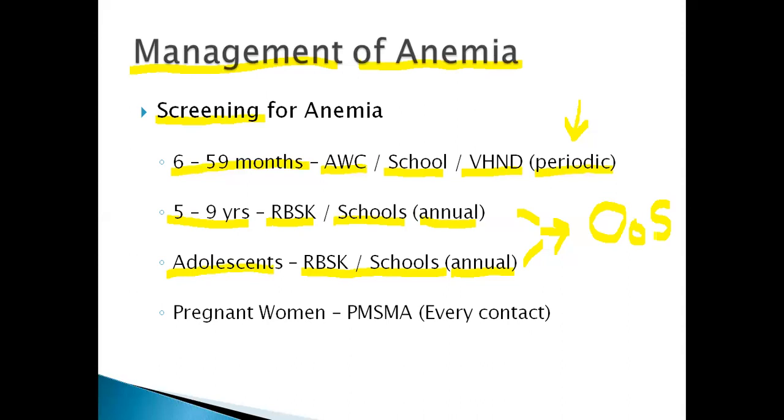So your RBSK or your other forms of health checkup strategy should be able to catch hold of these out of school candidates from this particular age group, and the program should be able to screen these 5 to 9 year olds and these adolescents, girls and boys as well.